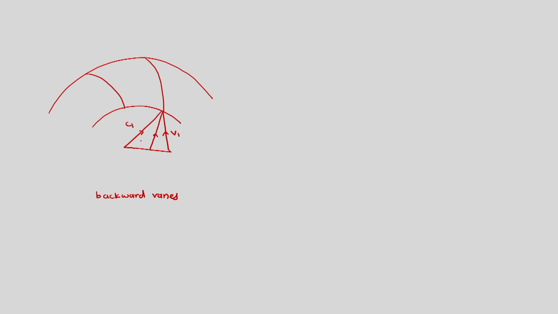So we have CR1, V1, C1. So C1 will make alpha 1 angle. This is complete U1, and then this is CW1. This is beta 1 angle.